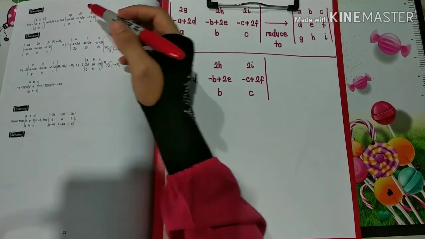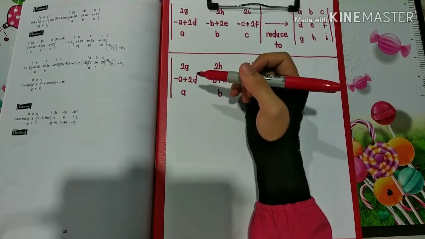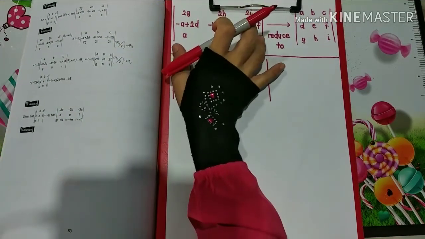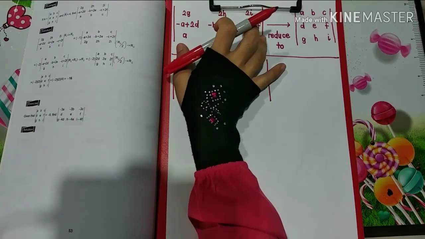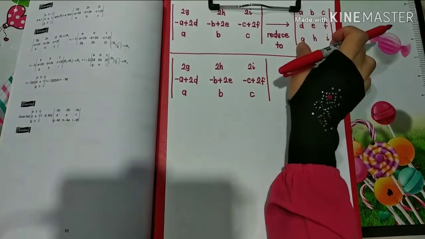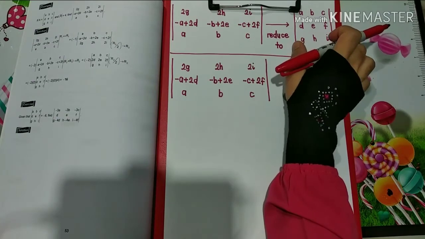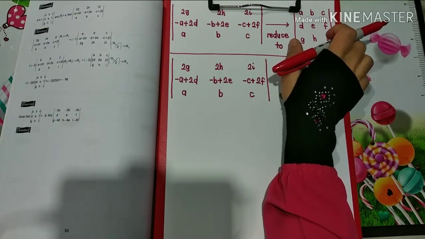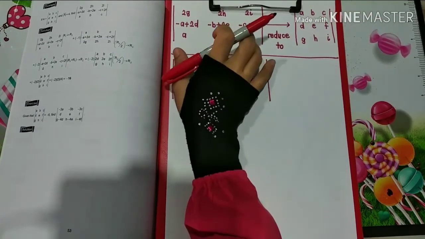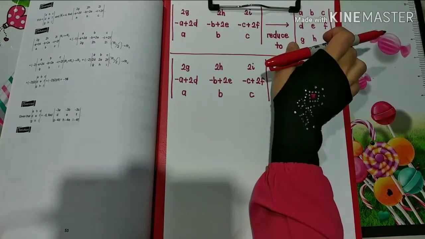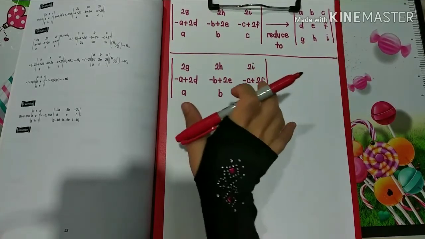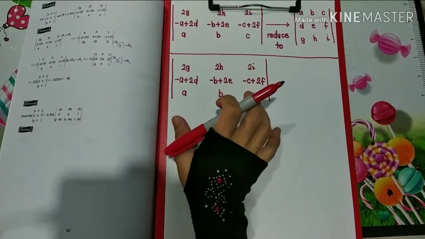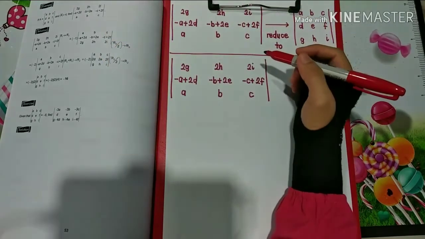Okay, so what you need to do? First, the matrix that you want to find the determinant of, you reduce to the matrix A, because for matrix A you know the determinant. Let me show you how to solve this kind of question.